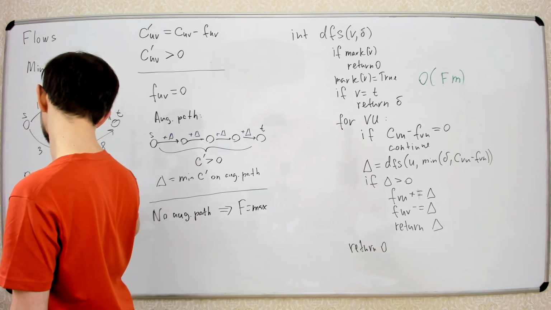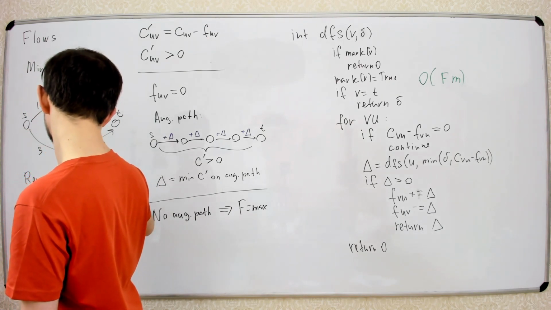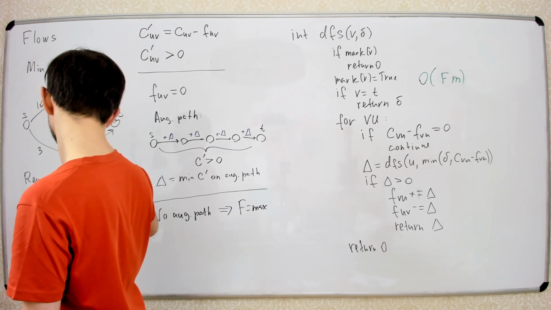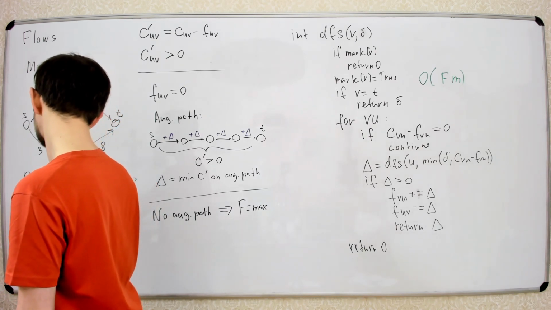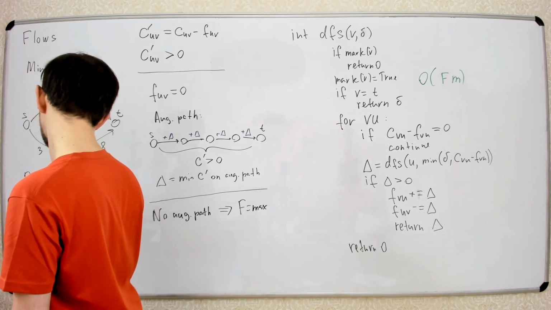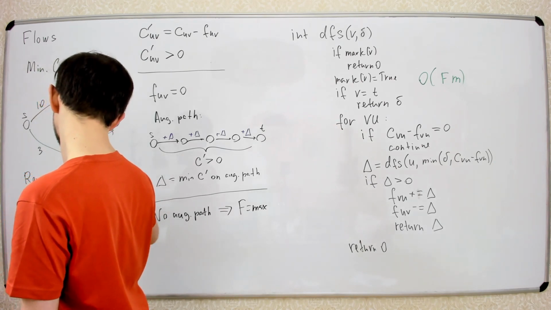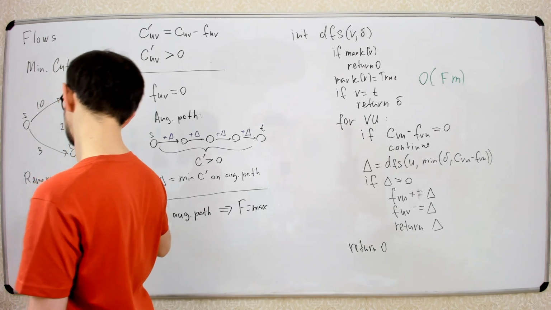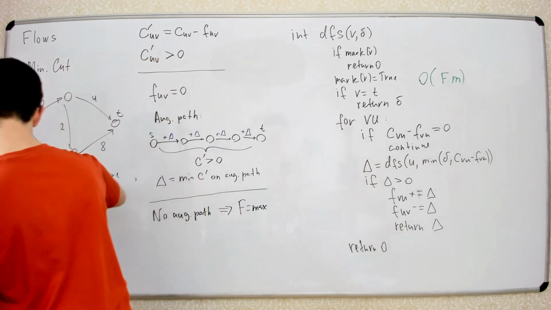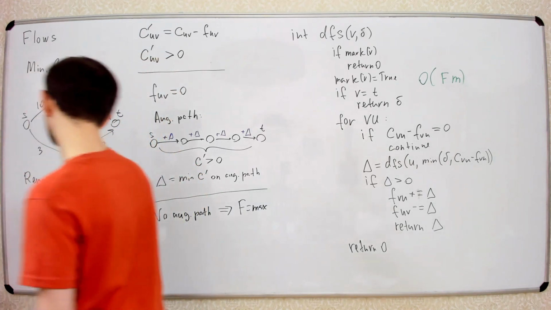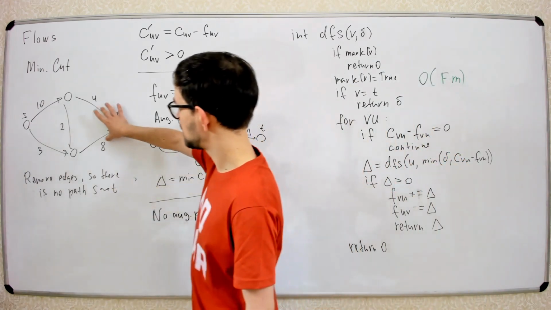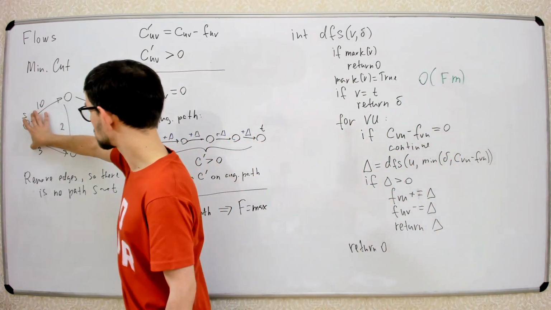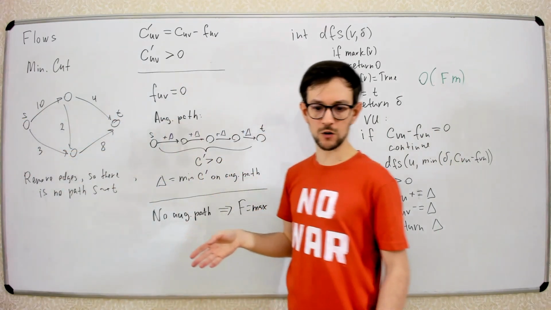So there is no path from S to T, like this. This is S. So for example, you can remove these two edges, or you can remove all of them.